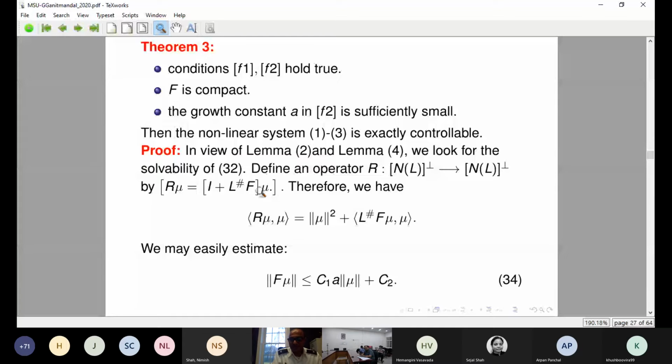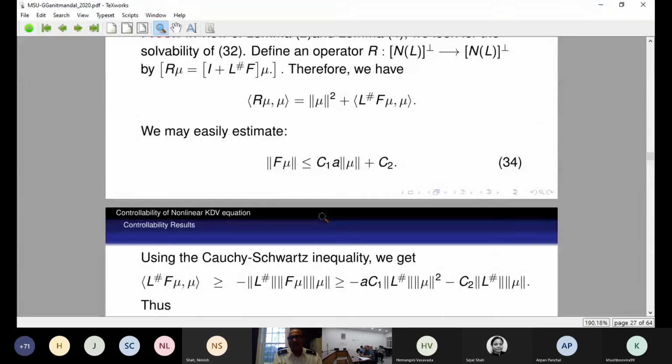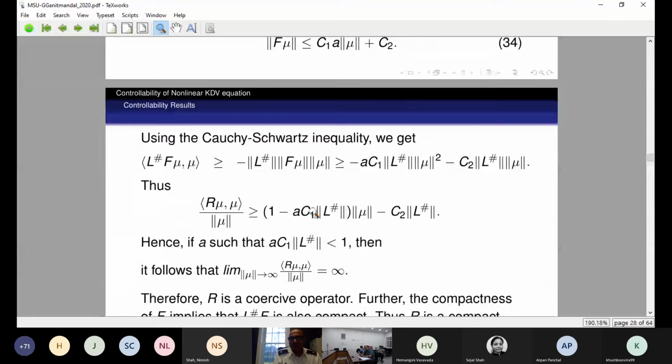Mainly we are concerned about L has of FQ. And because my F satisfies the growth condition, naturally this F nu satisfies the growth condition. So if you take this inner product by the Cauchy-Schwarz inequality, you get this, and if you plug this value back into the inner product of R nu and nu, you are going to get this.